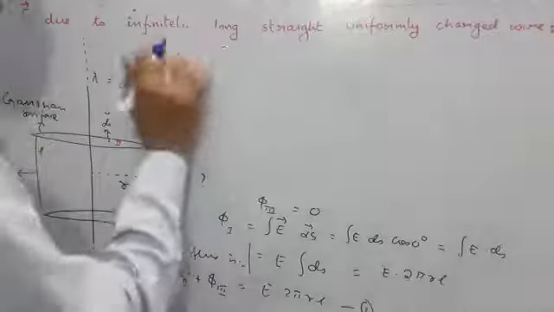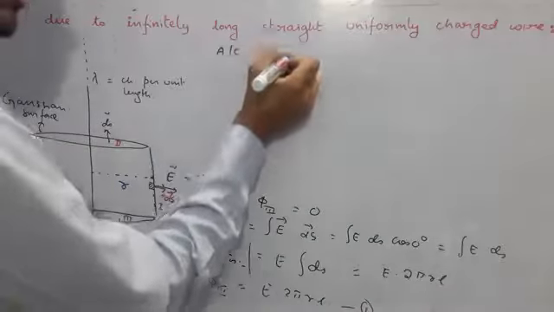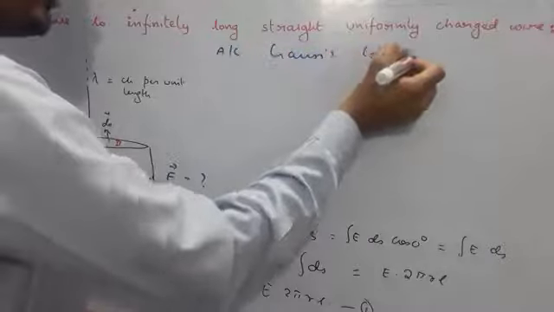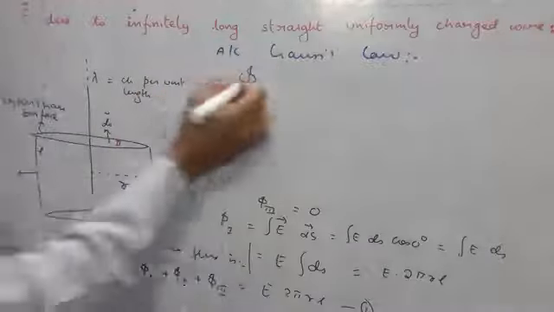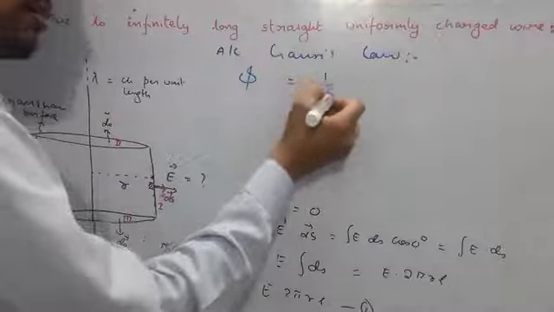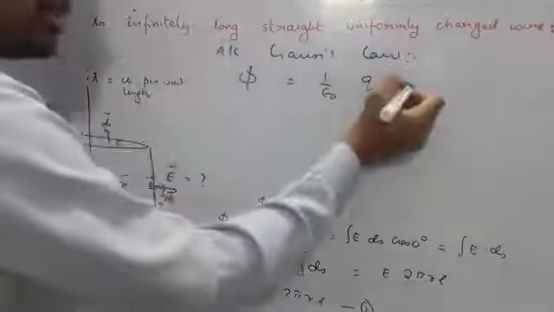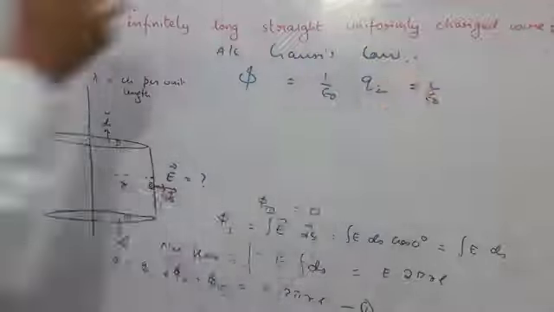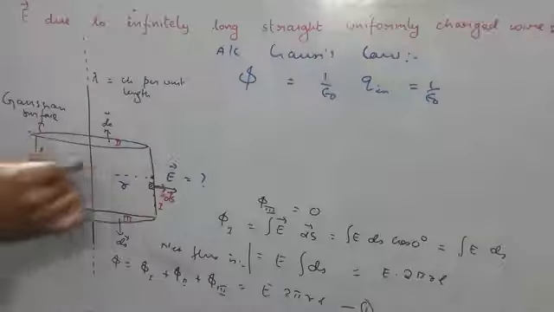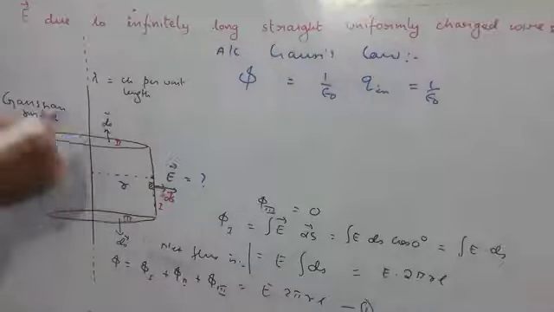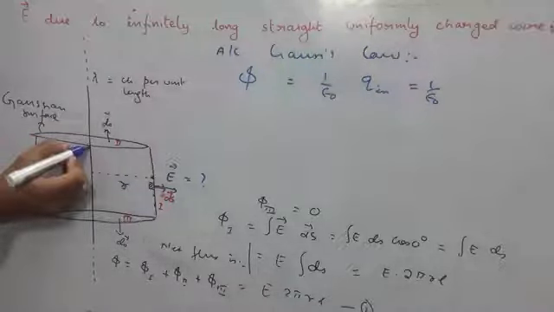So according to Gauss law, what is the statement, students? The total flux through a closed surface must be equal to 1 by epsilon naught times Q in. Now see, this is our cylinder. Inside this cylinder, where is the charge? Charge is present in this region.